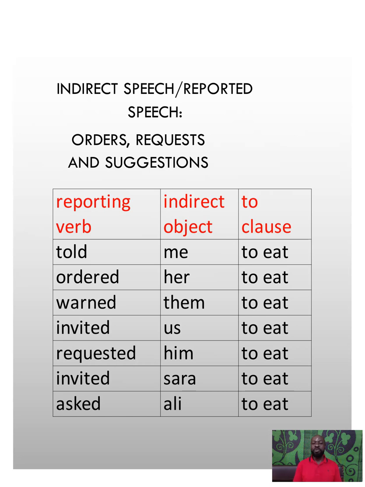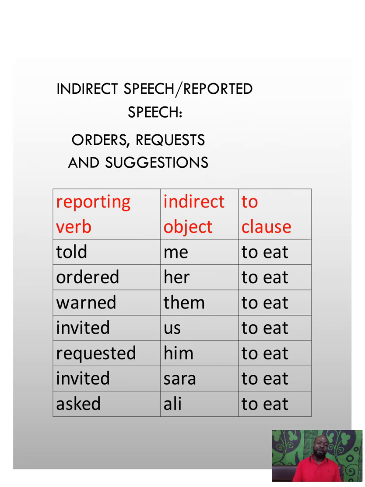The indirect object is the person they are talking to, the person they are ordering, the person they are warning, the person they are inviting, the person they are requesting. Told me, told her, told them, told Sarah. Sorry, Sarah is the name of someone, so it should begin with a capital letter. Told Ali. Ali is the name of someone, so it should begin with a capital letter.